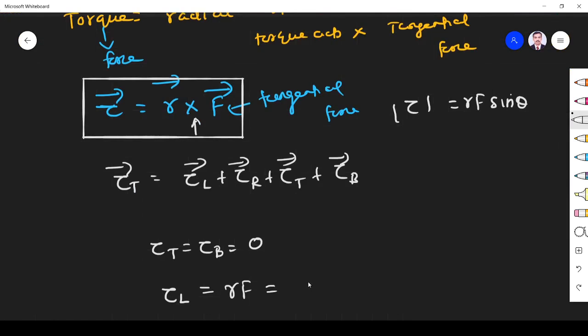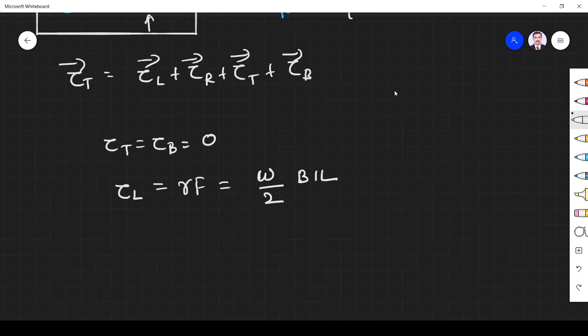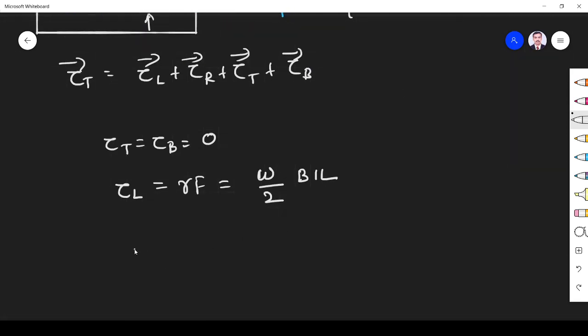So R is W by 2, and F is equal to BIL. Right? So the same rule is applicable for tau right also. Tau right is also RF, that is given by W by 2 times F, where F is equal to BIL.